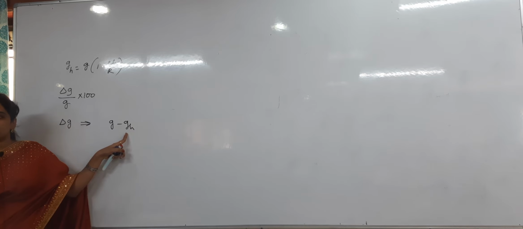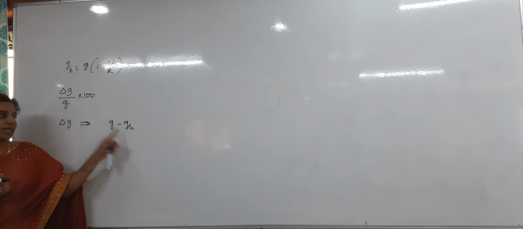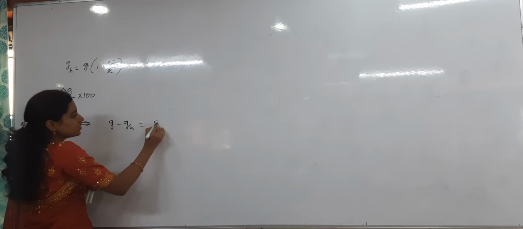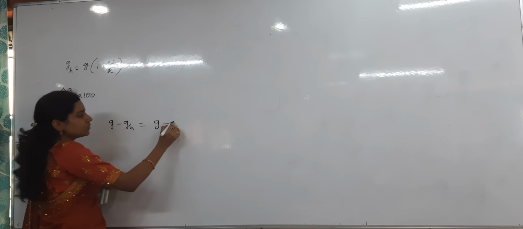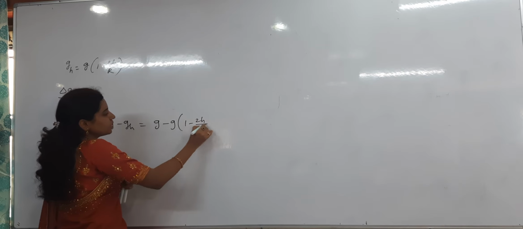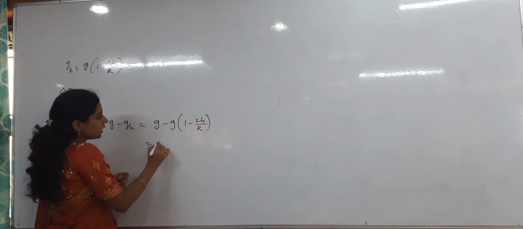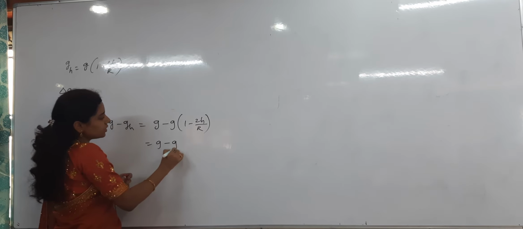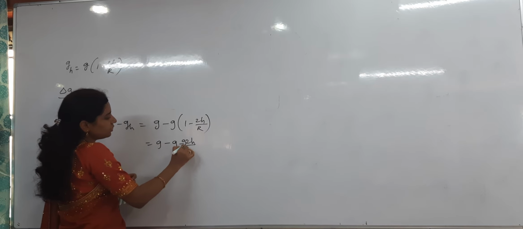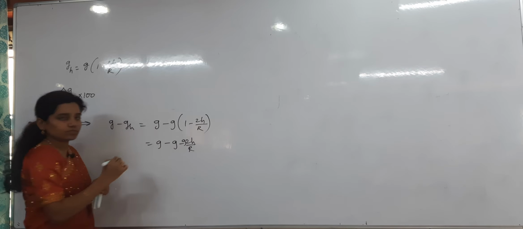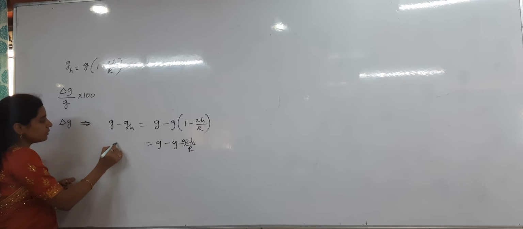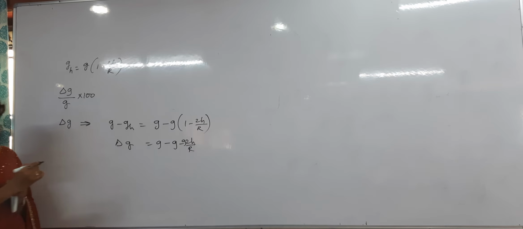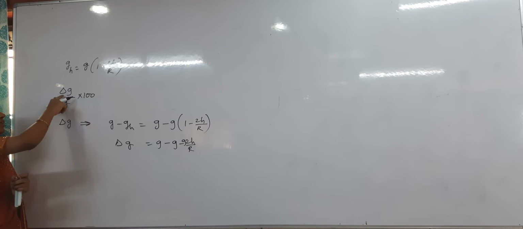At the height of h they have given the g value, G minus g_h. So G minus, what is the g_h formula? g_h formula is g into 1 minus 2h by R. So G minus G minus G into 2h by R. Correct? I sent G inside, that's it, I have not done anything. So this will be delta G obviously.